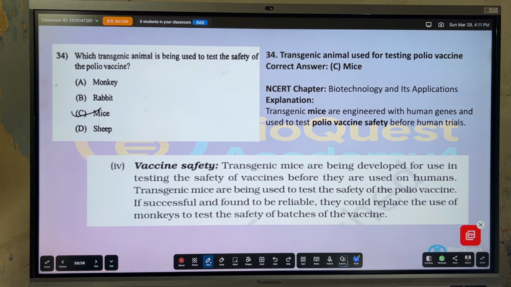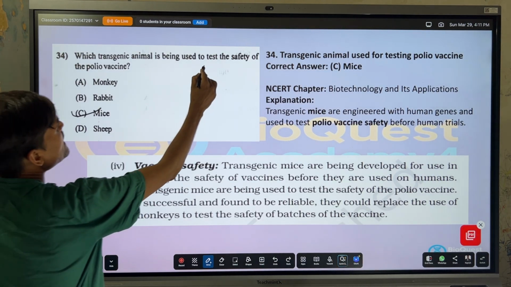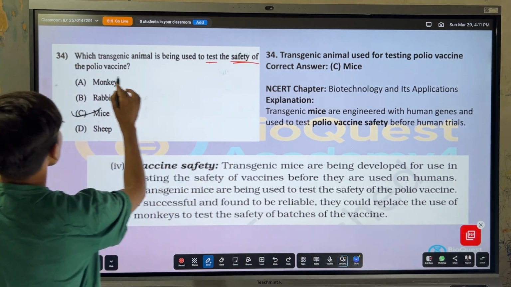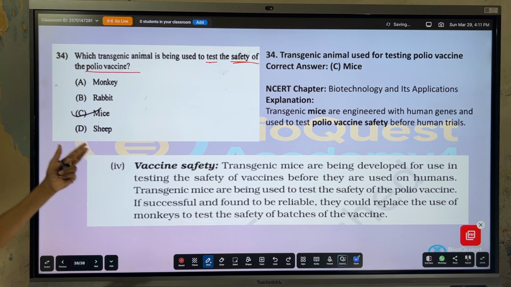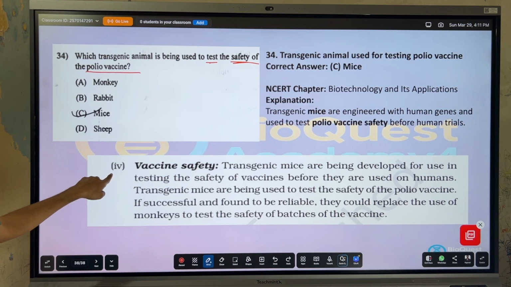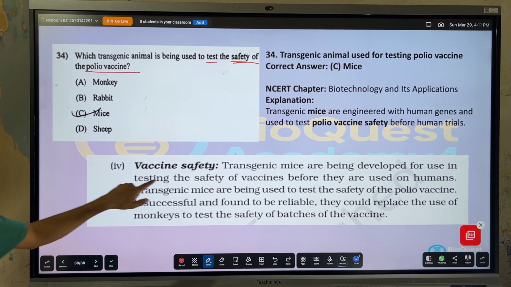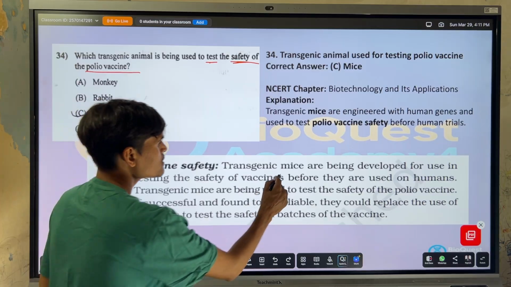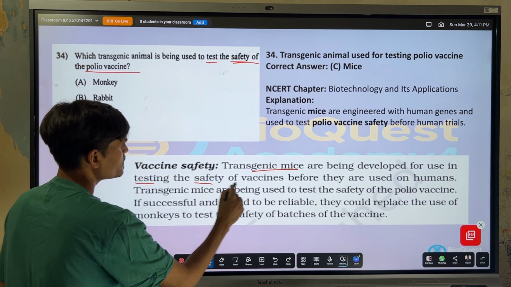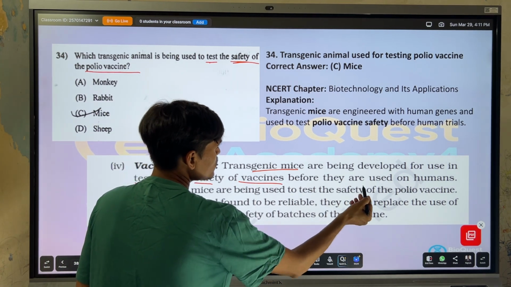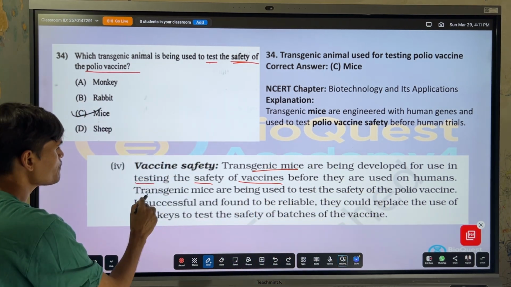Question 34. Which transgenic animal is being used to test the safety of polio vaccine? Monkey, rabbit, mice and sheep. Here, vaccine safety, point number 4: transgenic mice are being developed for use in testing the safety of vaccines before they are used on humans.